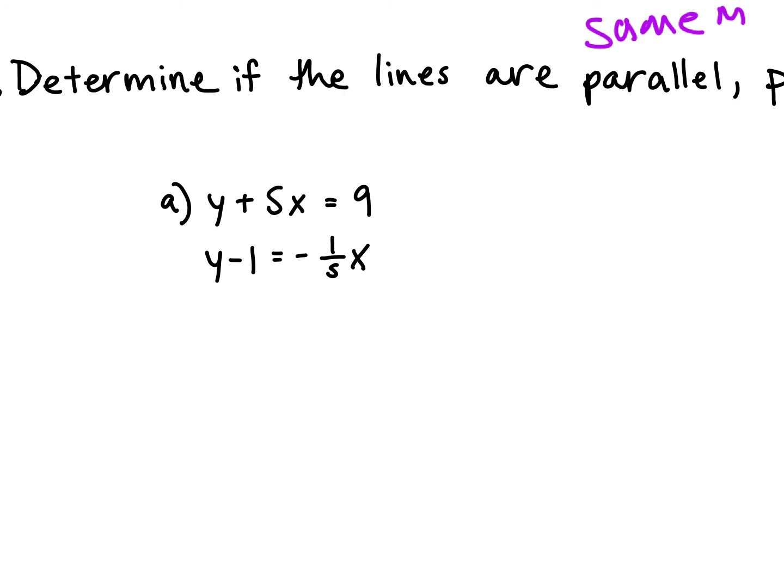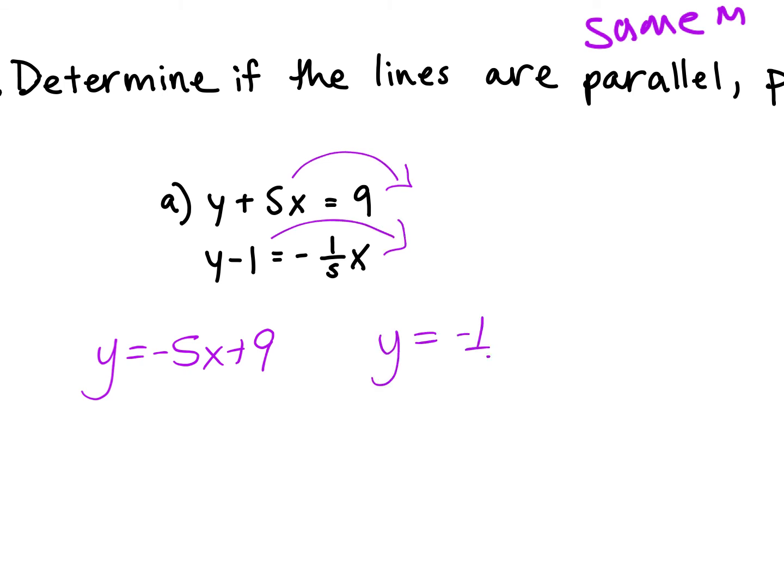All you need to do in a question like this is put each line into slope-intercept form and then compare their slopes. So if I move this 5x over, this line becomes y equals negative 5x plus 9, correct? You guys agree? Okay. If I move this 1 over, this becomes y equals negative 1/5 x plus 1. That is showing me your work. I don't need to see anything else.